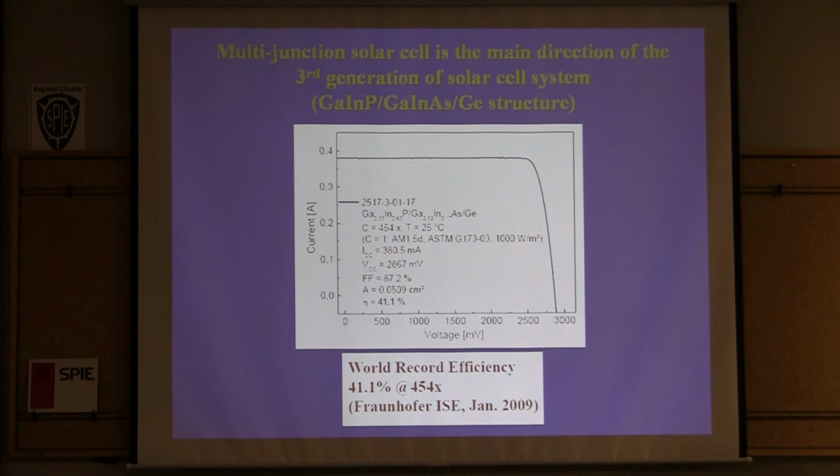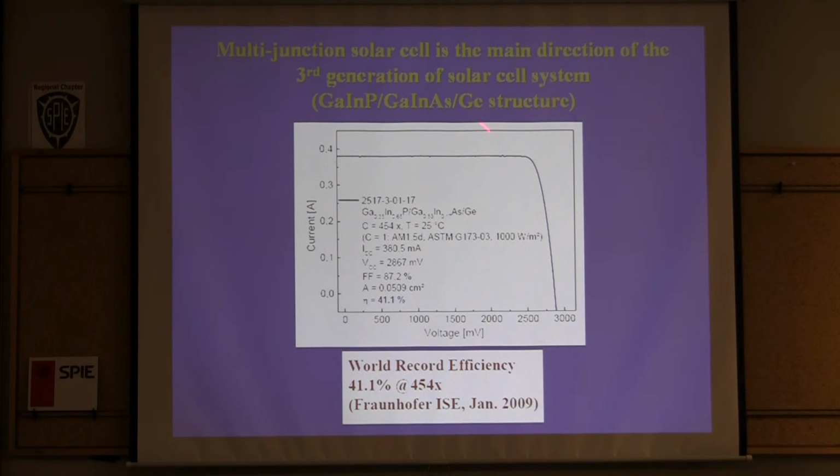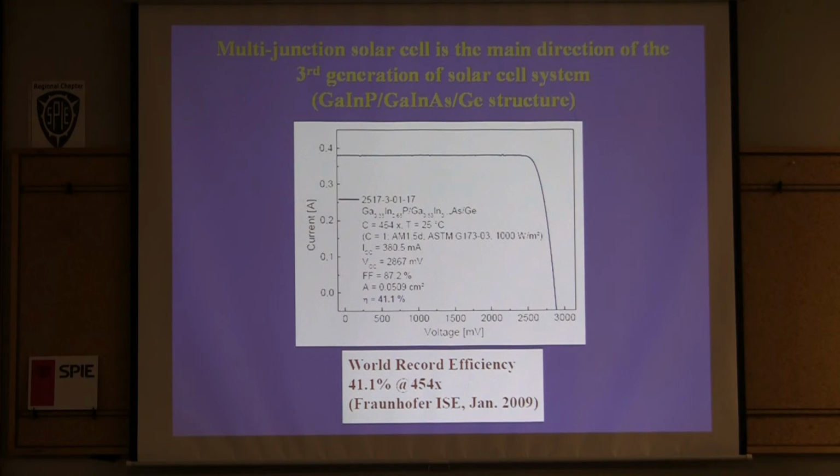Then a few years later, another company announced a new record of 41.1% with a multiple-junction device. With one PN junction you cannot convert the whole solar energy to electricity, because one material only covers a very narrow range.